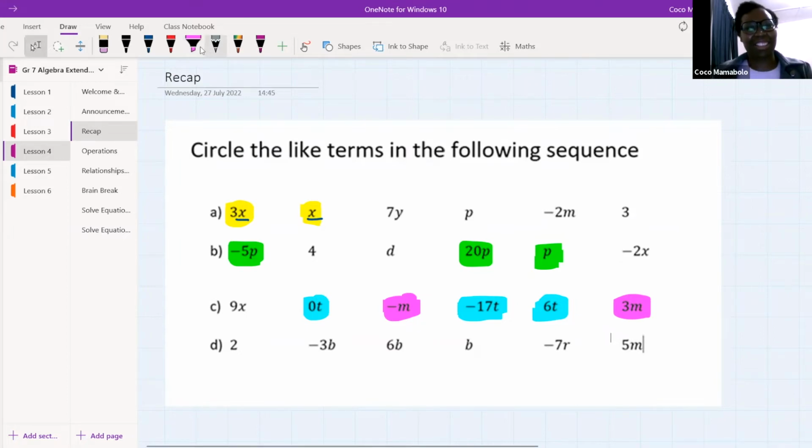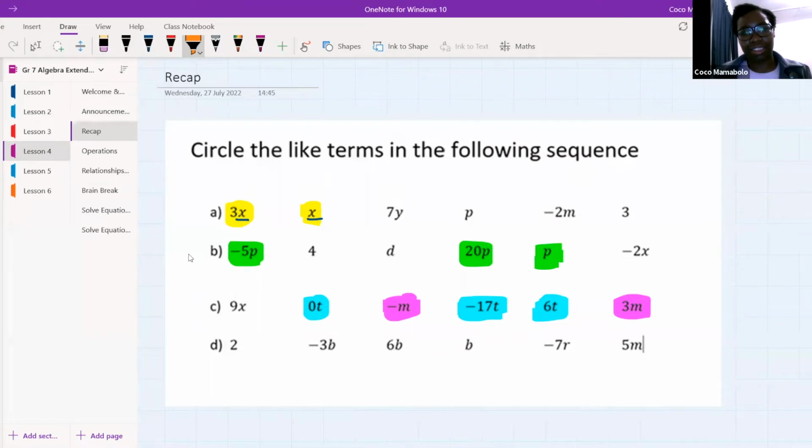All right, Rangwatu, do you want to help us with the last one? Hi, ma'am. All right, do you want to help us with the like terms in D? Yes. Go for it.